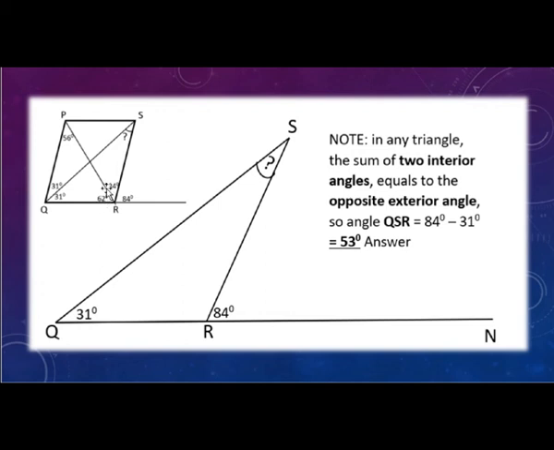But the easiest of all is to remember that in any triangle, the sum of two interior angles equals the opposite exterior. So these two angles added together, 31 plus this angle here, should give me 84. So to get this angle here, QSR, I simply get 84 minus 31.